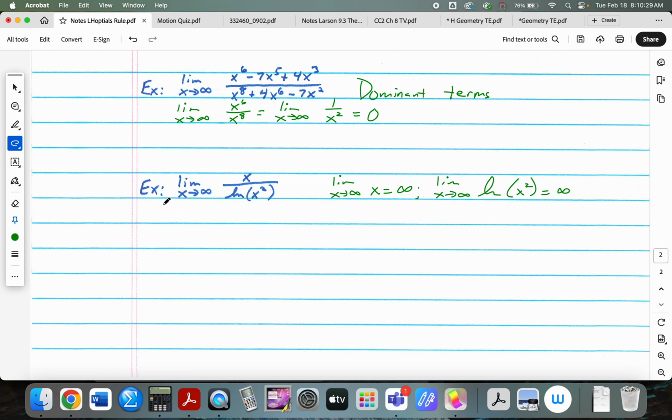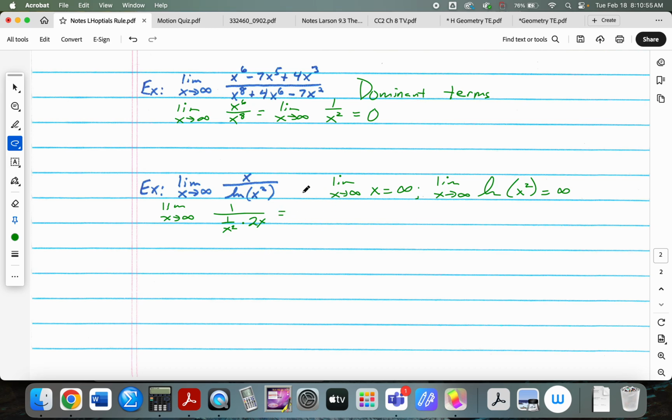So we'll take the derivative of the numerator and denominator. So I'll have the limit as x goes to infinity of the numerator, I'll have 1. Here, the derivative of natural log of x squared is 1 over x squared times the derivative of x squared, which is 2x.